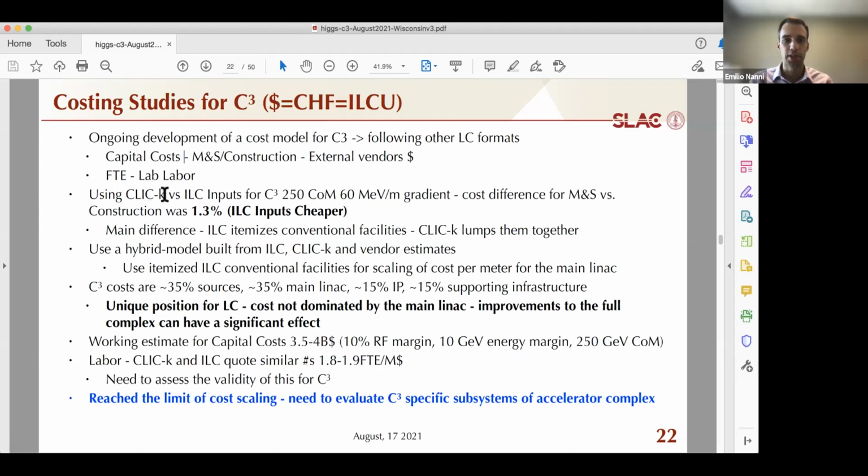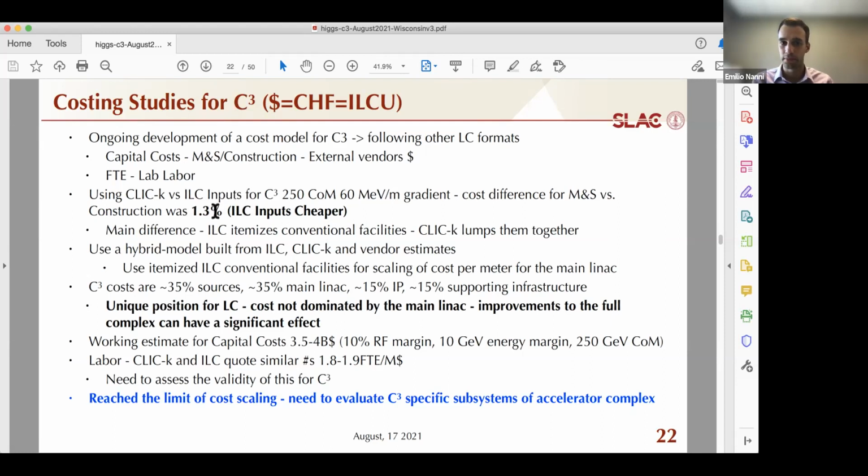We use inputs either from CLIC or ILC, or at least initially we would use one or the other. And what's interesting is if you compare it for the same case for C-cubed 250, so if you use the inputs from those other collider designs in terms of how much it would cost to, for example, construct the beam delivery system or the sources or the final focus, and then you calculate the total cost for C-cubed 250 using our technology for the main LINAC, you get nearly the same costing between those two sets of inputs within a couple percent.